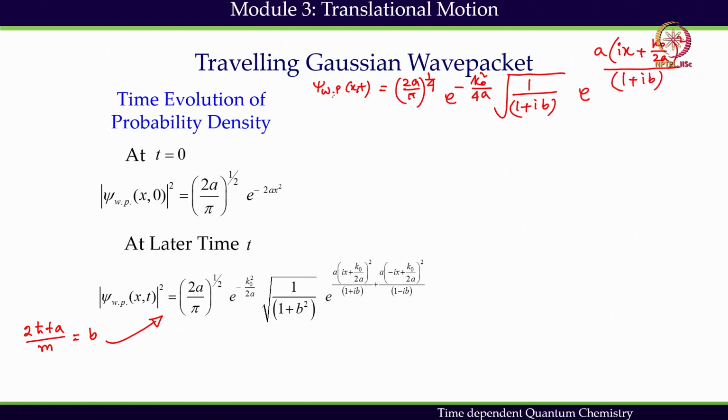So this is the wave function we get, and from that wave function I can find out the density.